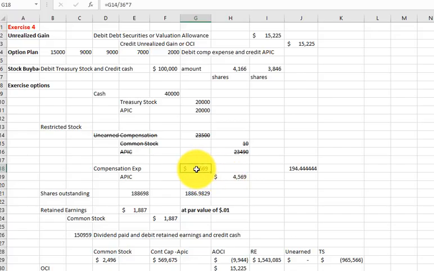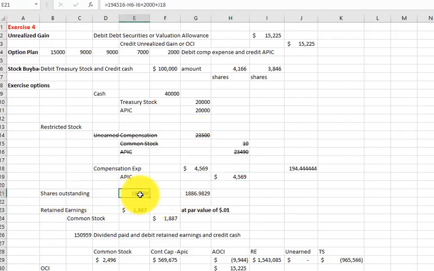That's how you figure the compensation. Divide it by the time period. And of course, that's a credit to additional paid-in capital as it's earned, assuming that you didn't do this entry. If you had done this entry, instead of crediting additional paid-in capital, you would credit unearned compensation.